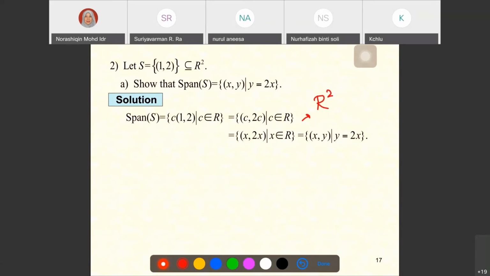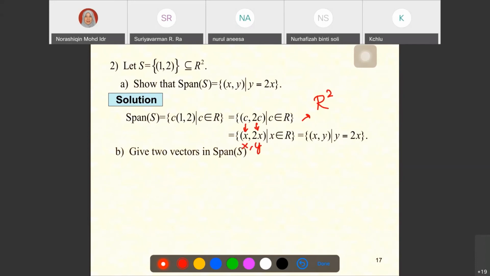So if I put c equal to x, here 2c is equal to 2x. So here the coordinate x, here the coordinate y. So the set of span S is in the form (x, y) where the coordinate y equals 2 times the coordinate of x.